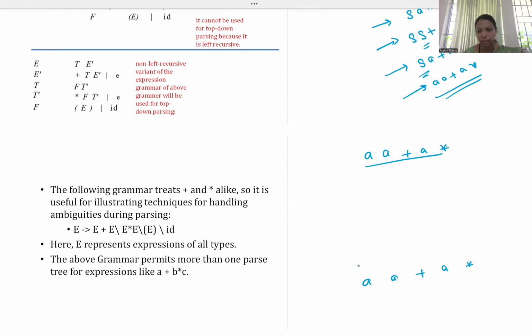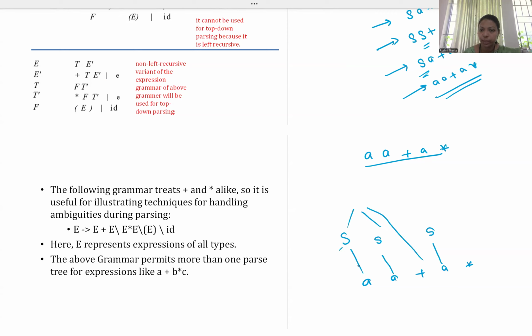I can write this A as S, and then I can again convert this A also as S. And again, I can write S plus S, and then S plus together as S, and then S star S, so S star S together we can write as S. So from the string I came to the root node, right? So this is bottom-up parsing.